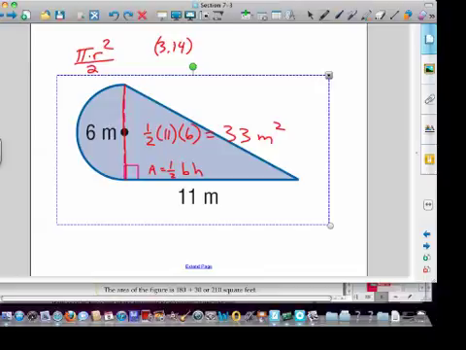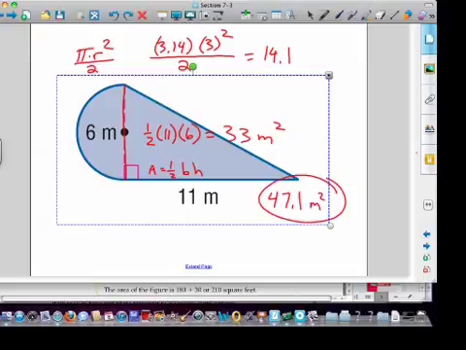So we're looking at the radius, which is 3, half of it. And then we would square that. And because we only have half the circle, we're going to now divide that by 2 when we calculate that out. And so that's going to give us approximately 14.1. And if we add that with our 33, we end up with 47.1 square meters. Okay, so if you take those two, add them together.